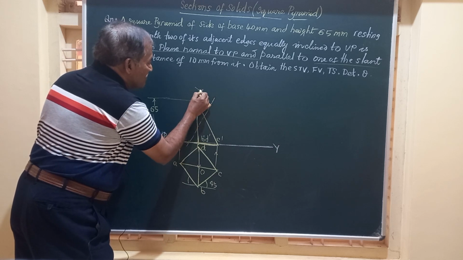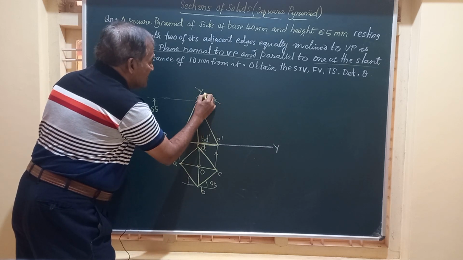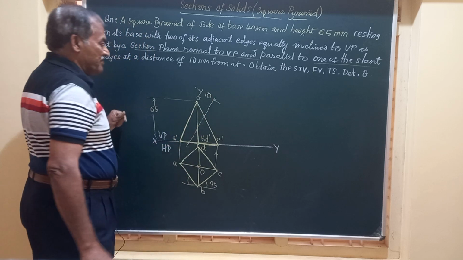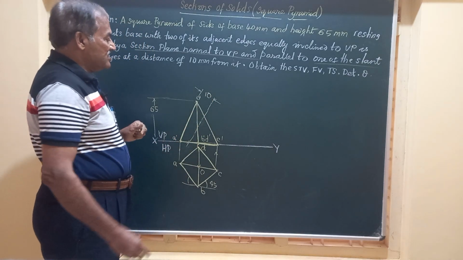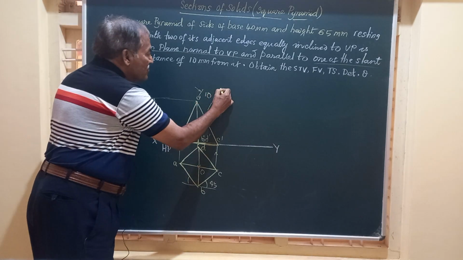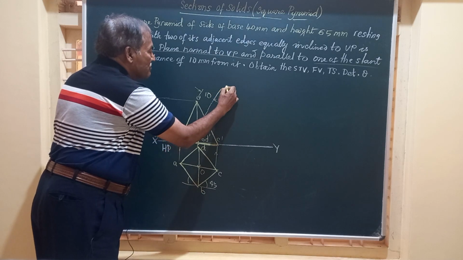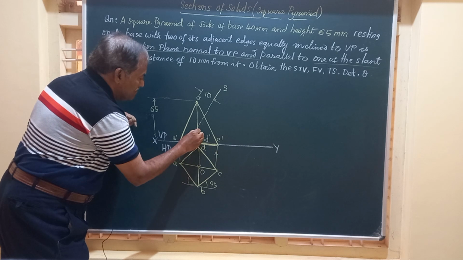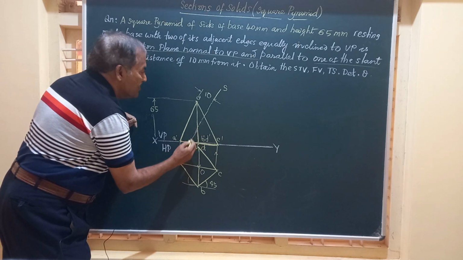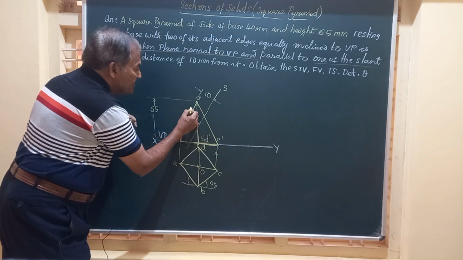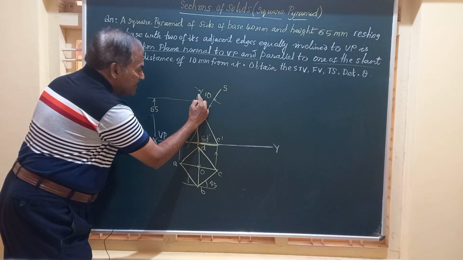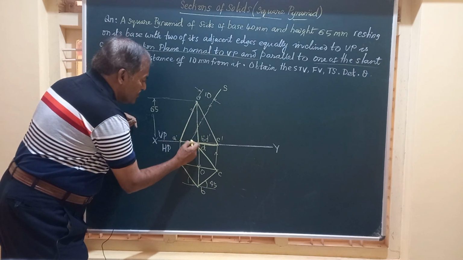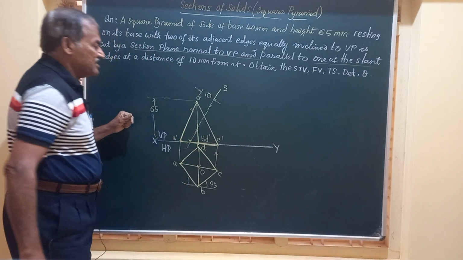So this vertical distance is 10 millimeter. And friends, this will give you the location of the section plane, which I mark as S and S. So this will give you the section plane which is parallel to this at a distance of 10 mm. So we will see how we get cutting.